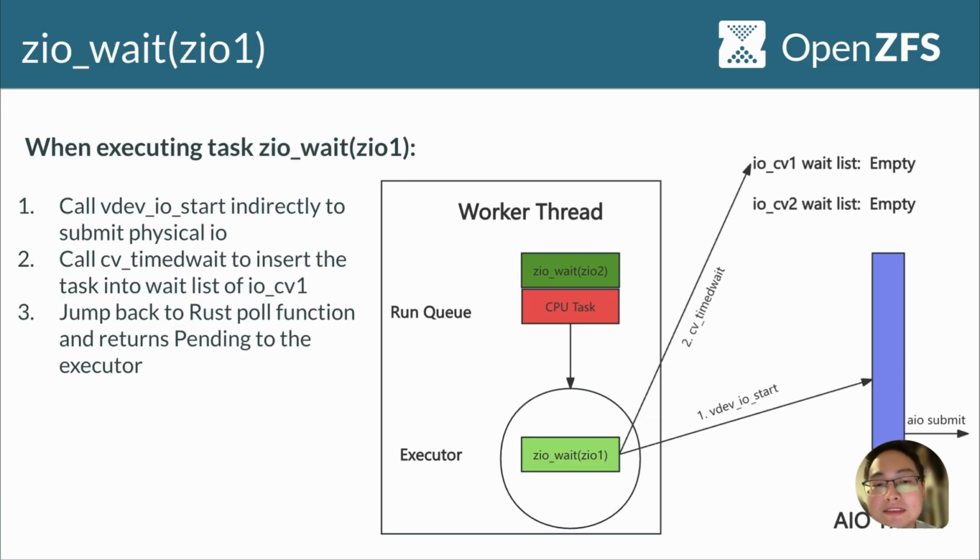Our first task is ZIL wait for ZIL1. In this task, we will first call vdev aio start to submit a ZIO to the AIO thread. Then it will call CV timed wait. In this function, it will add this task to the wait list of the LCV, and then the execution flow will jump back to the Rust poll function, so the executor can execute other tasks.